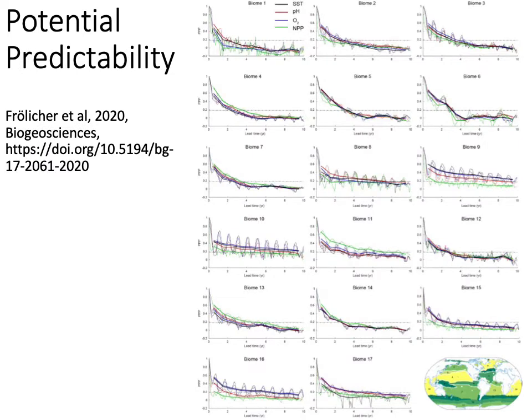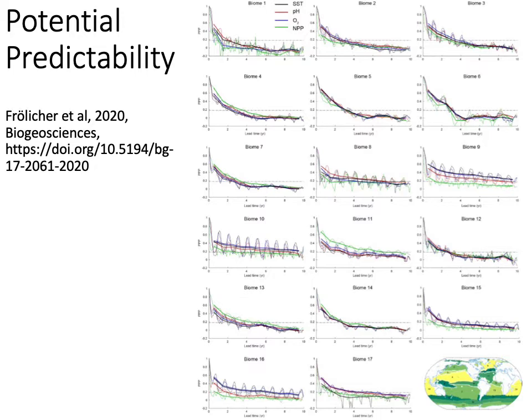So they then distributed the planet into a suite of different biomes, and I show this plot to point out that these areas of the ocean behave very differently in their potential predictability.